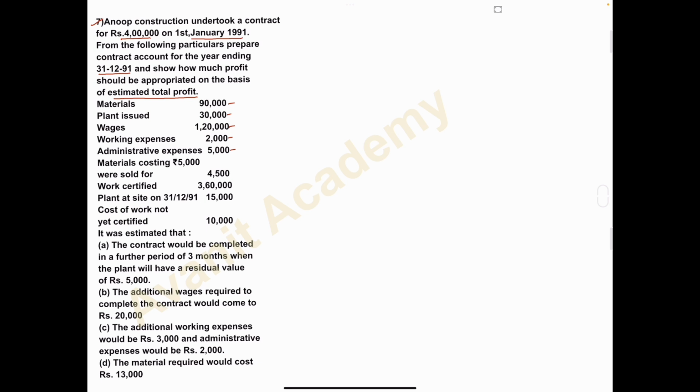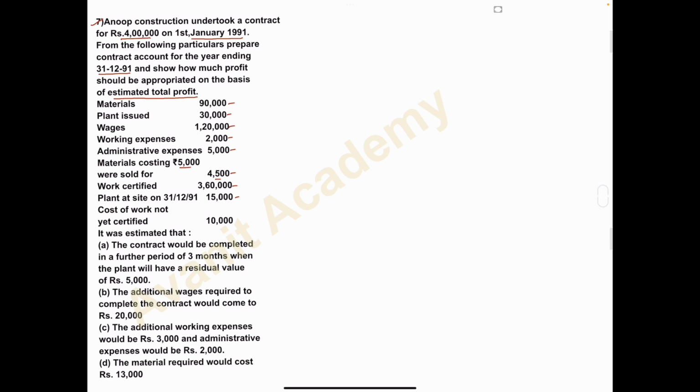Material costing rupees 5,000 was sold for rupees 4,500. The original value of material is 5,000 but it is sold for rupees 4,500. Work certified 3,60,000. Plant at site on 31st December 15,000.